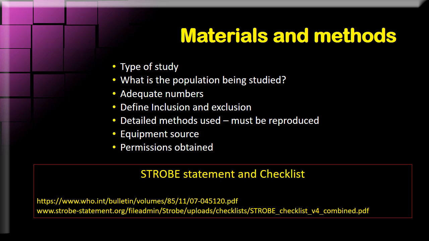You must prove that you have adequate numbers in the study, which is statistically validated, define the inclusion and exclusion criteria, detailed methods used. It's important because if somebody else wants to repeat your study, he or she should be able to get all the methods and all the equipment by just looking at your article.